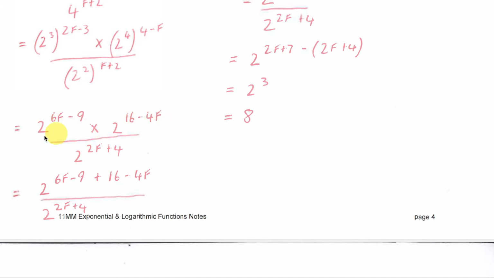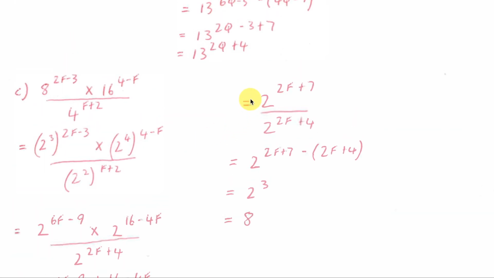The top line, we've got multiplication, so now we can add the powers. So 6f plus negative 4f and negative 9 plus 16. And that's all over here, so you can see I've done that with workings. And the continuation of it, I have 2 to the power of 2f plus 7 over 2 to the power of 2f plus 4.